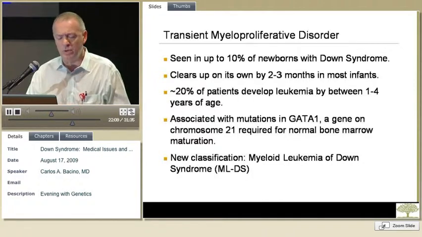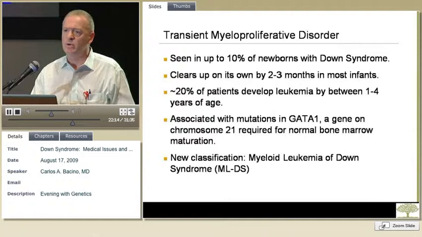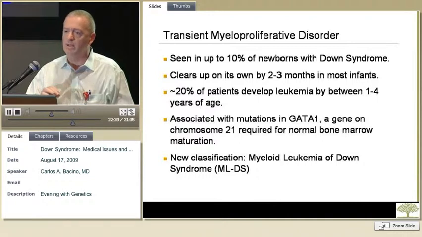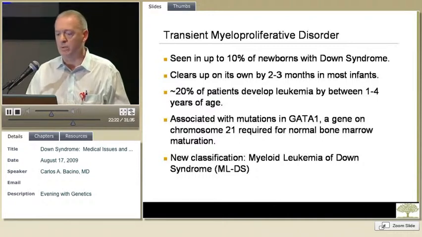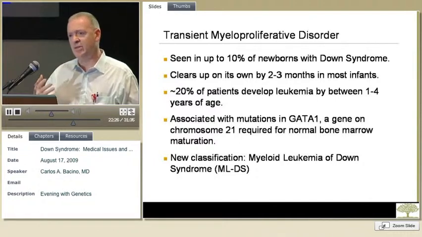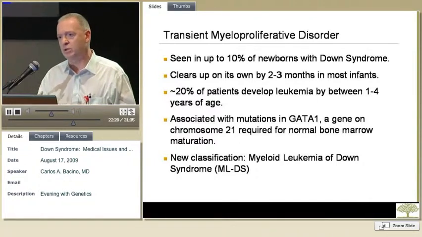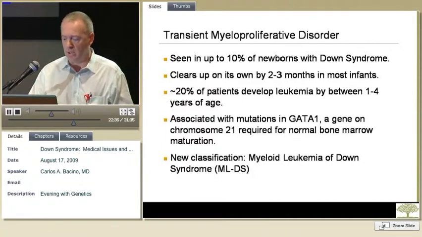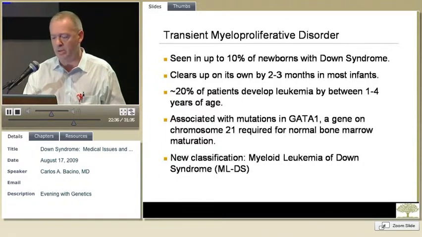Now, there is a lot of technical detail in this slide, but we know there is a genetic instruction on chromosome 21 that appears to be directly related to this particular process. So the excess of genetic information on chromosome 21 is what appears to lead to this process.